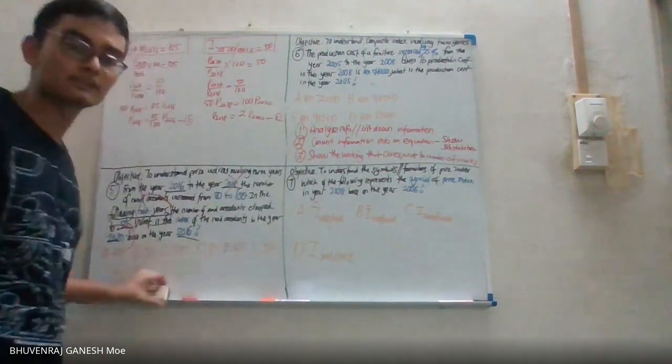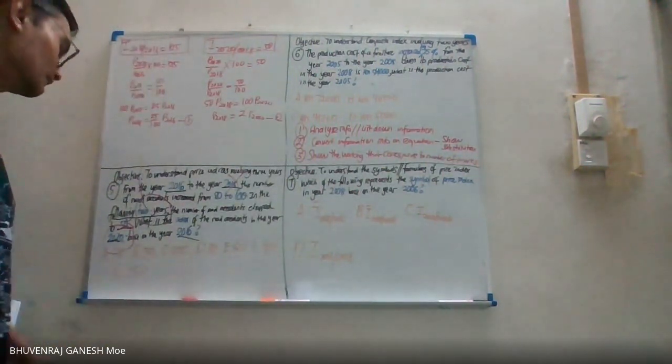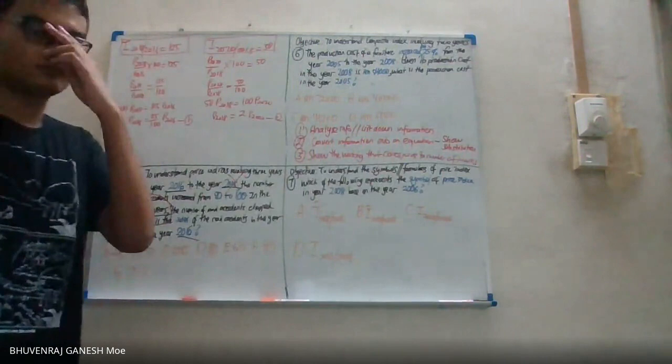So choose among the options down here. You just tell A, B, C, D, E, F, G, which one is your answer in the chat box.